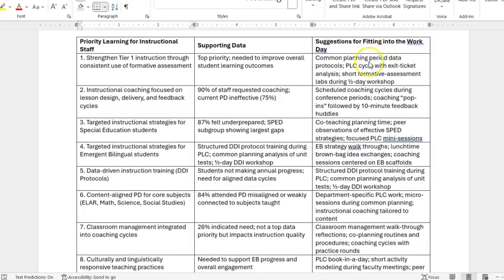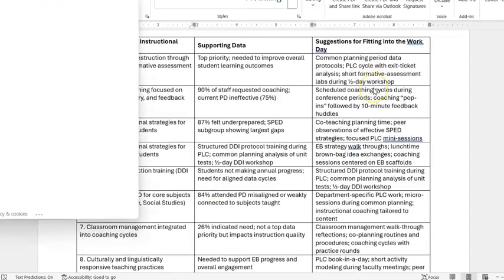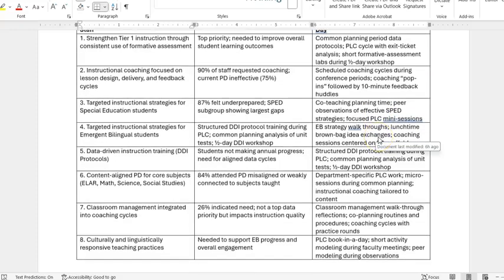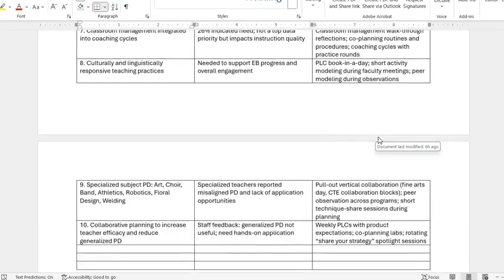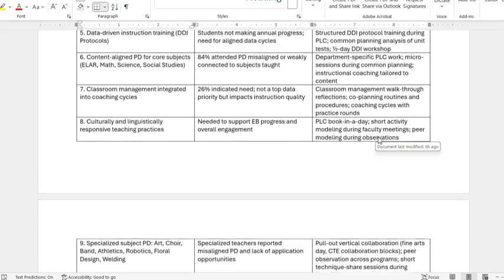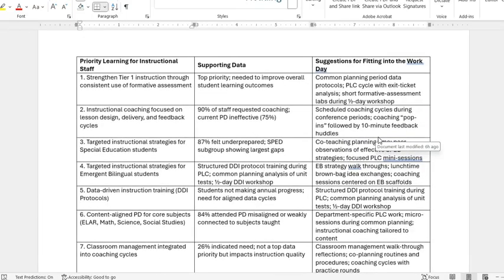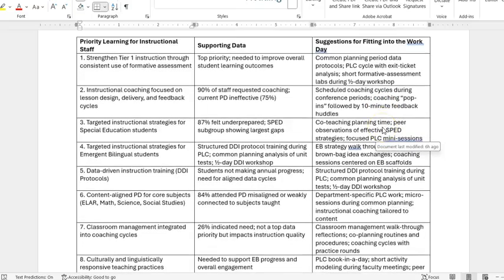And then over here, I just went ahead and put some suggestions for fitting into the workday. Sorry about that. And this will allow me to be able to throw these into the plan that's coming up. So you can just see some samples there. I know for sure, they just want one page. So if yours is longer than a page, just pick the one that you like best.